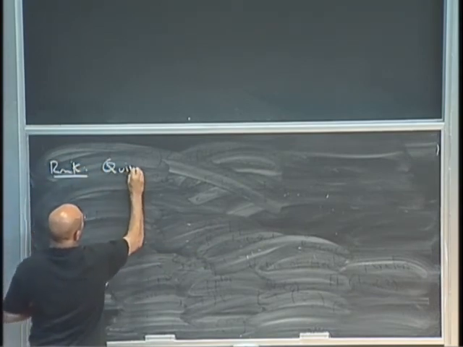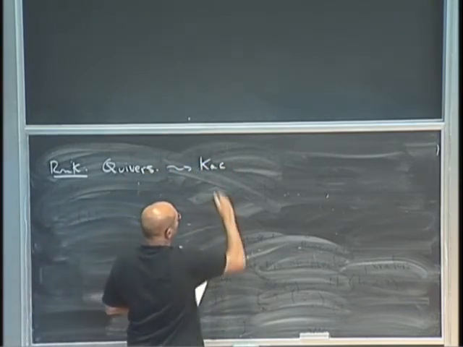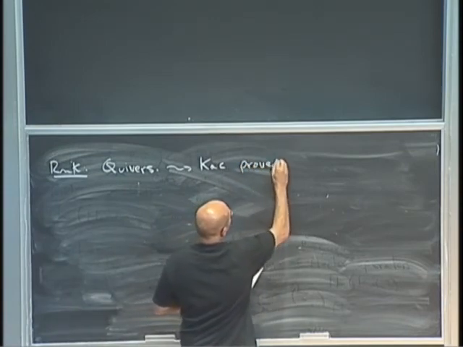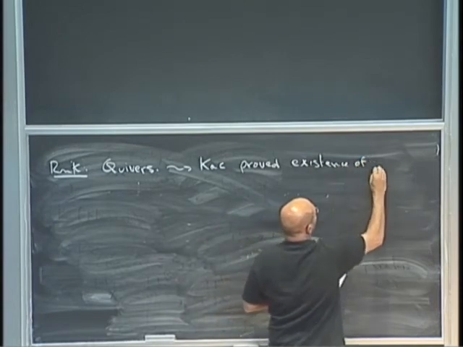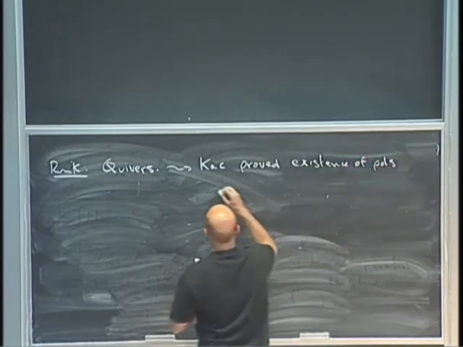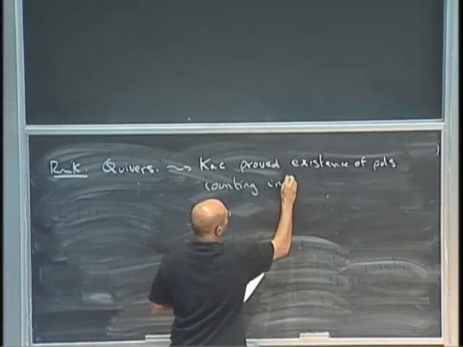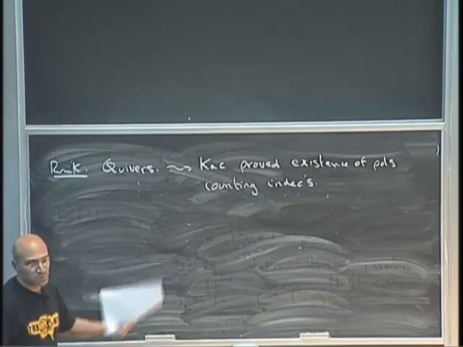For Quivers, I just refer to the work of Katz. So Katz proved exactly a theorem like that, proved the existence of polynomials counting indecomposables. And so from that point of view, it's not very surprising.